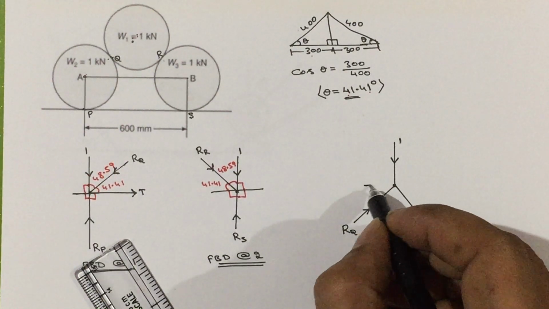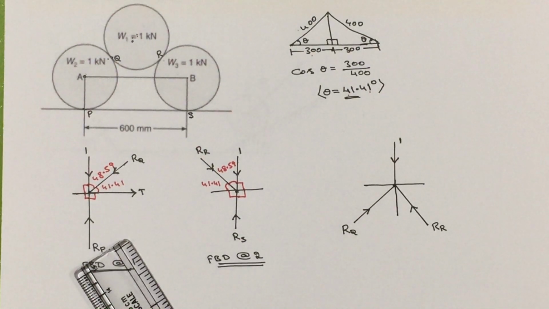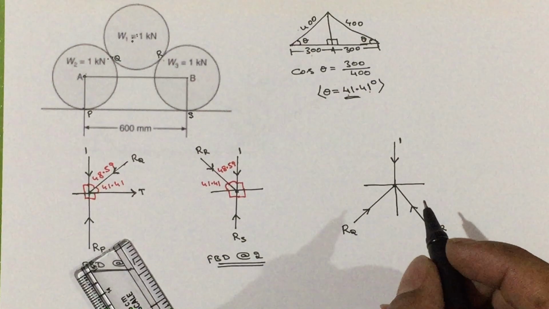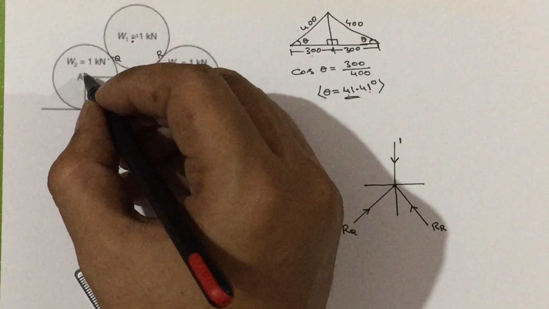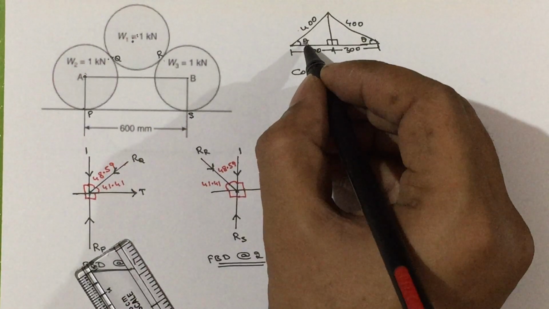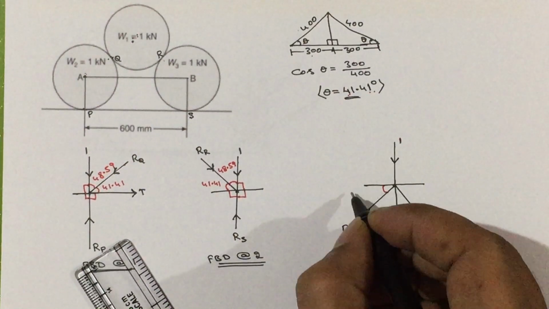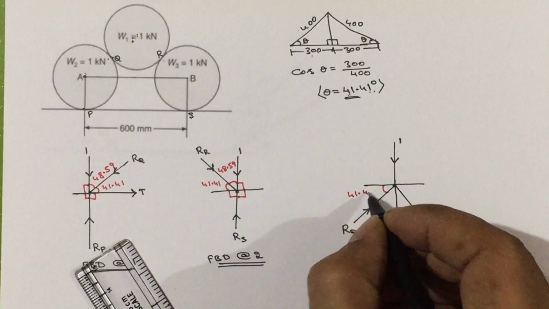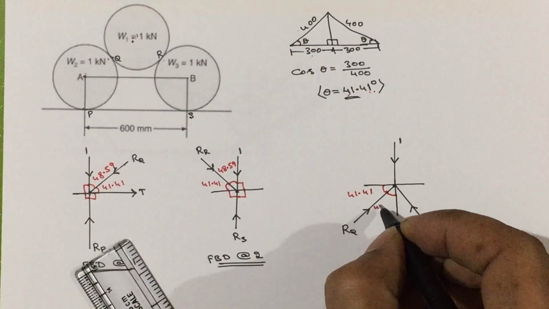Then if we need the angles, draw a plus mark at this particular point. RQ, nothing but this line, is making theta with respect to horizontal, that is 41.41. Then the remaining angle will be 48.59.